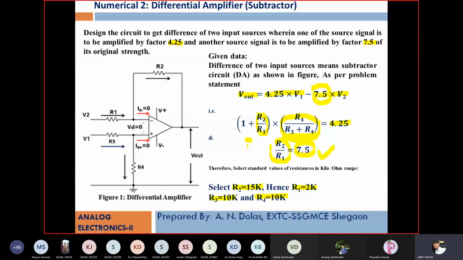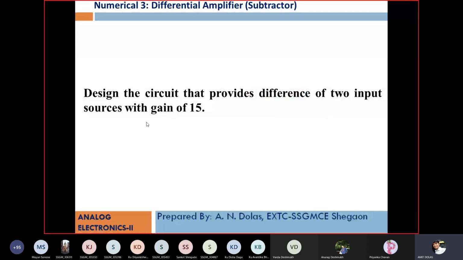So coming to the next numerical, the third numerical, very easy. I need a formula. You please tell me the formula. Design the circuit that provides the difference of two input sources with gain of 15. I'm interested in the formula.